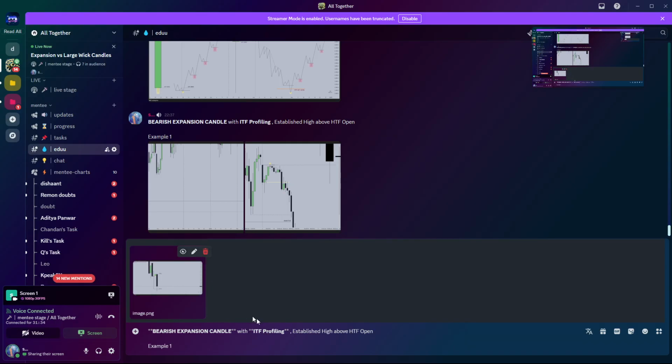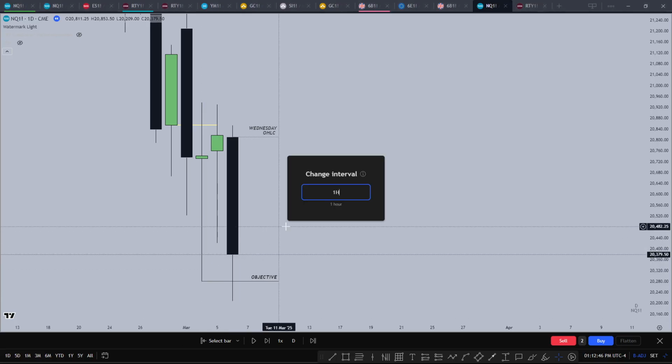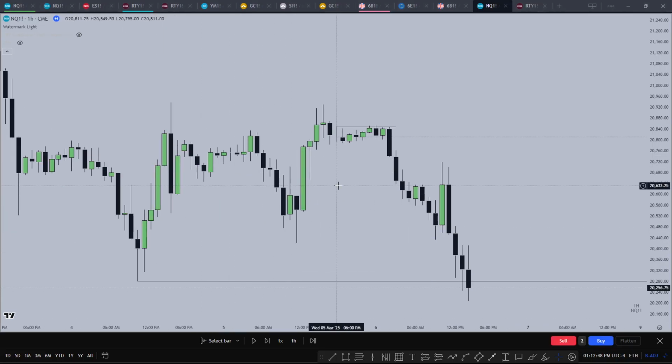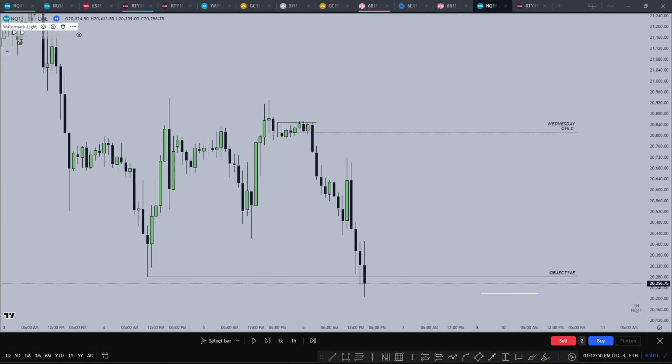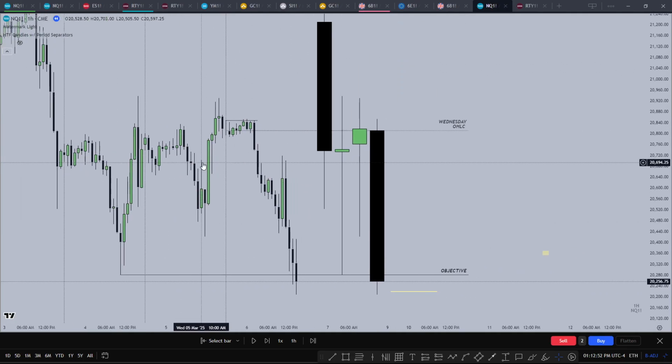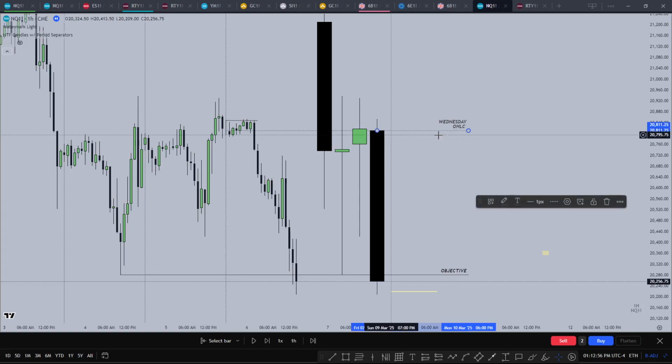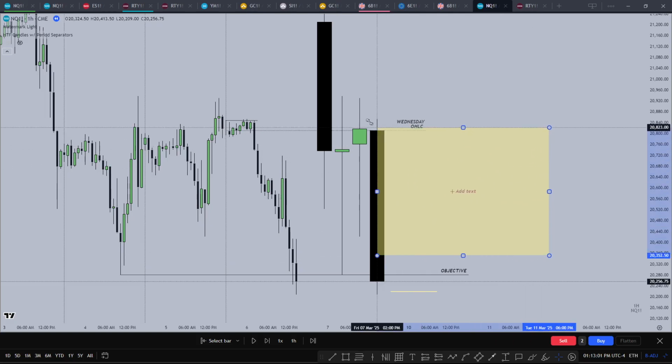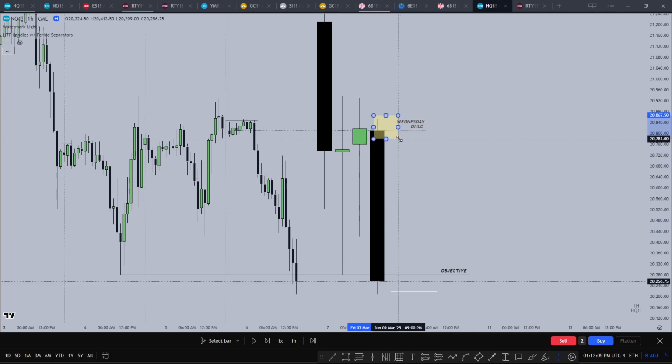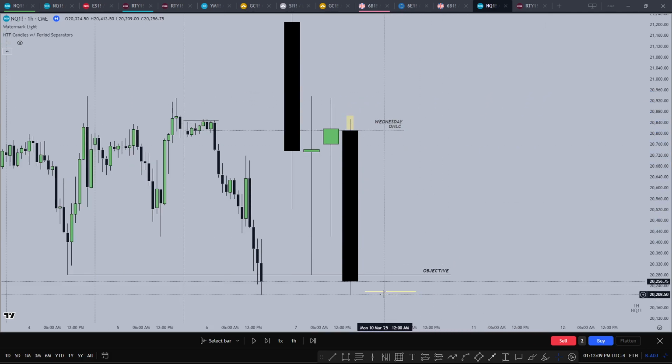Bearish expansion candle will establish example two. Now filing it onto the lower time frame. Wednesday OHLC. Small wick to the upside, right?